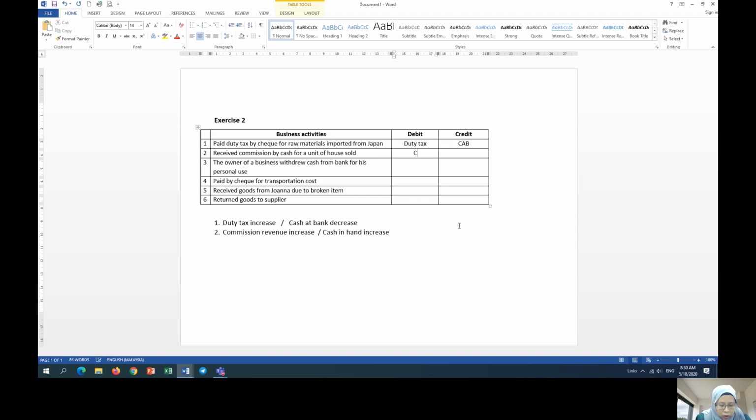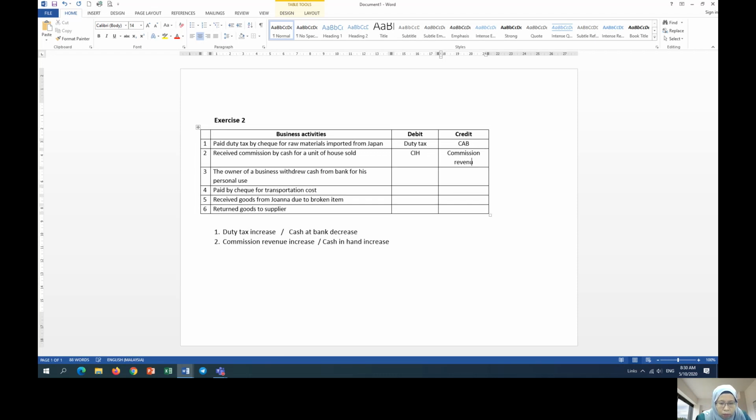So cash in hand debit. And then if your revenue increase, revenue always credit. So we will credit the commission revenue. So these are the two double entry for our second business activity.